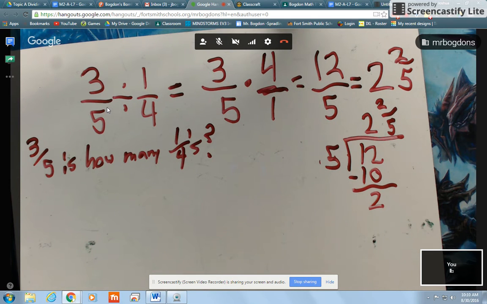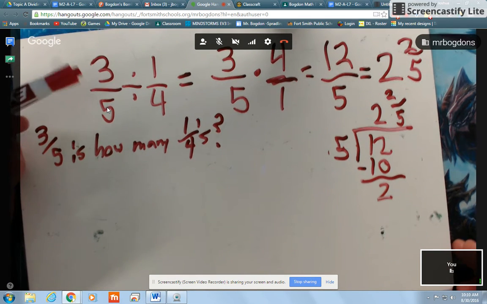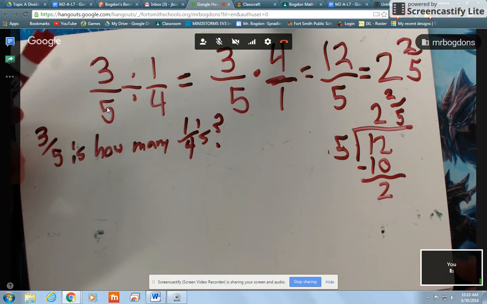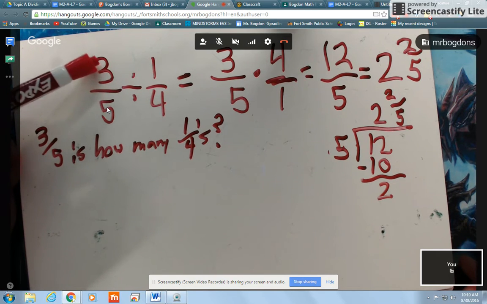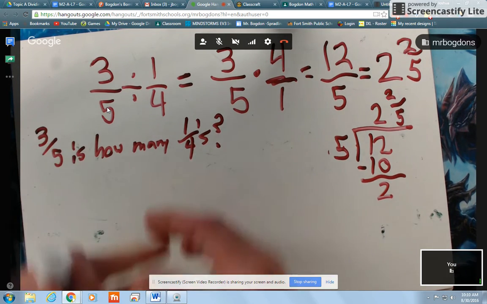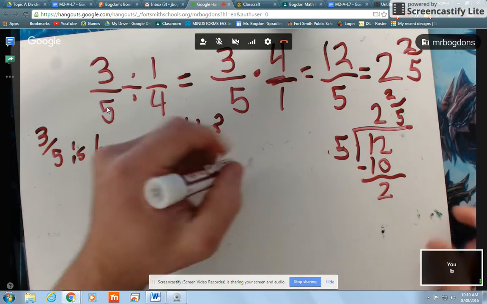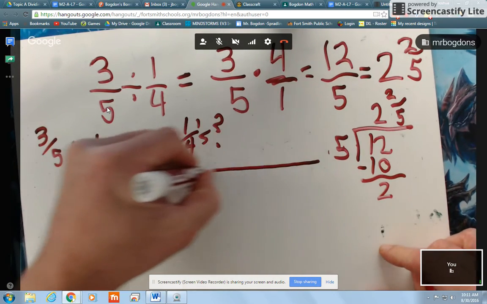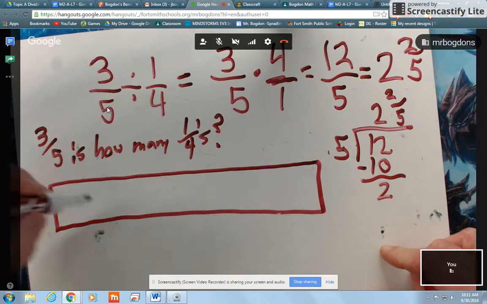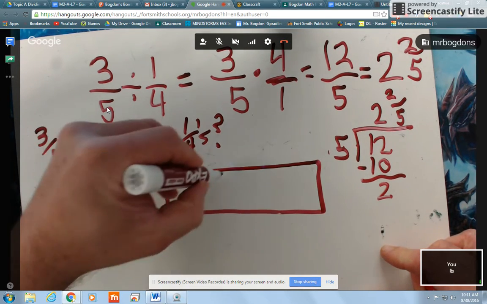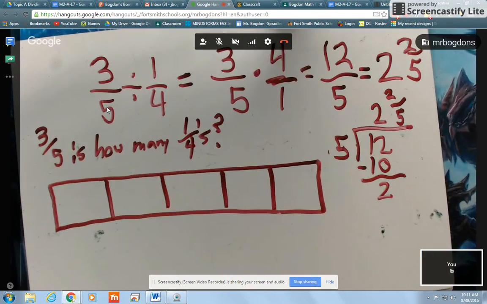Well, I know that I need to model 3/5 because that's what it's asking. How many 1/4 go into 3/5? So 3/5 is what I'm going to have to split apart. In order to represent 3/5, what do I need to draw? 5 sections. So here's 1, 2, 3, 4, 5.